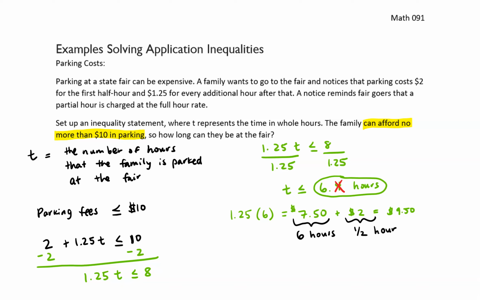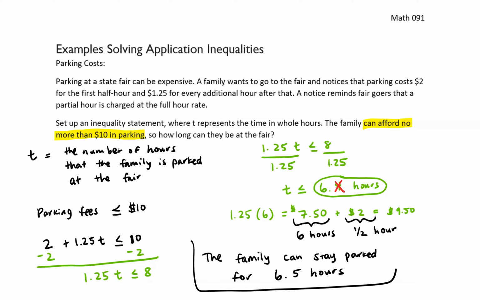So if we combine those two values, the family can stay parked for 6.5 hours. You can either write 6.5 hours as a mixed number or as a decimal. All right, and that's how we figure out how long they can stay parked.